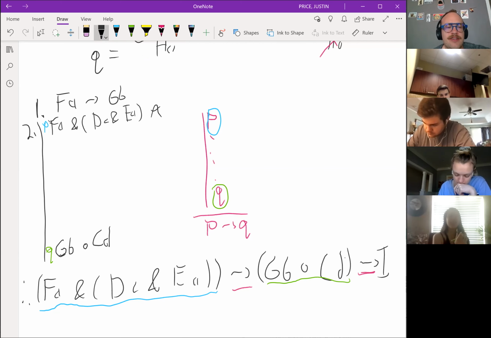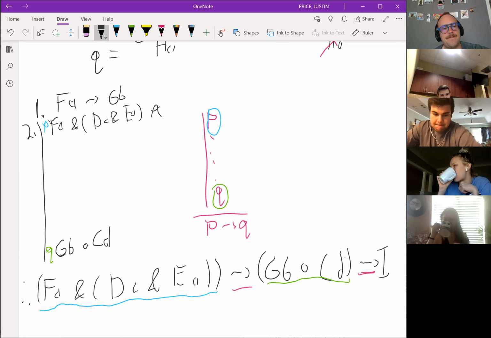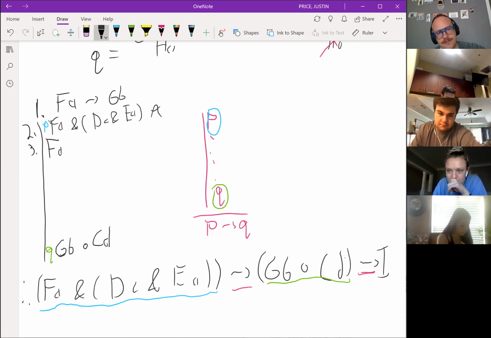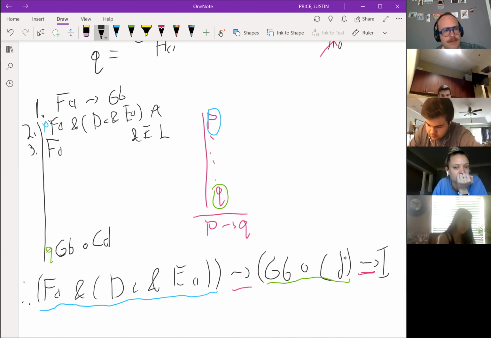So now we can consider lines 1 and 2 basically given to us. And from here, it's a much easier derivation to figure out, the subderivation. So right away, we've got this conjunction we can get rid of and just get FA by itself. And then from there, we can get GB.